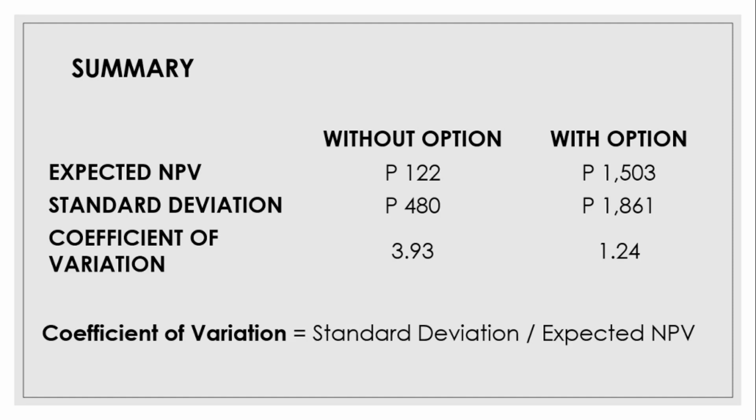For without option, the coefficient of variation is 3.93. It means that for every peso of NPV, there is a 3.93 pesos risk associated with it. While for the project with option, the coefficient of variation is 1.24. It means that for every peso of NPV, there is a related 1.24 risk.